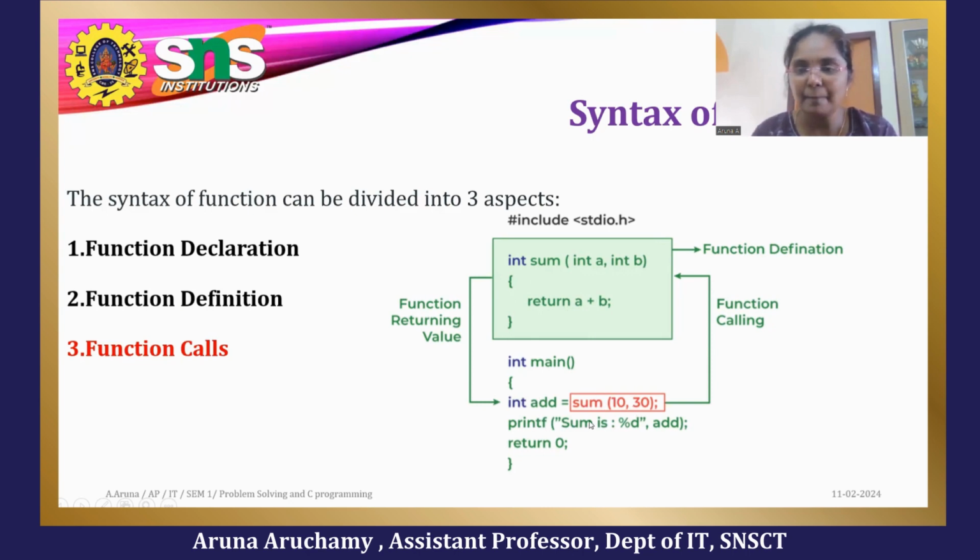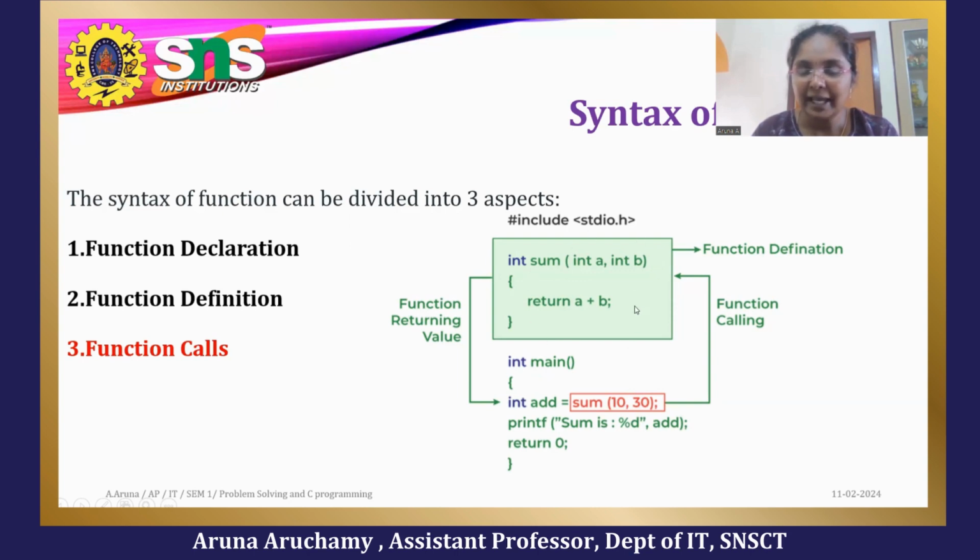This is a simple example to perform the sum of two numbers. While the compiler executes, starting with the main function, it will go inside and call add equal to sum of. Sum is my function call. Inside the call, I have to pass two arguments, 10 and 30. These are my actual arguments. By using the function call, it moves to my function definition part.